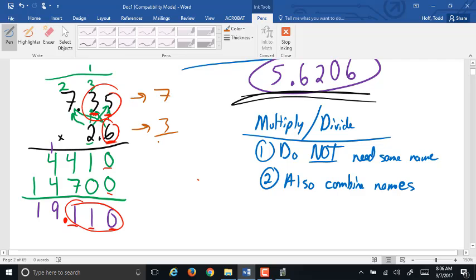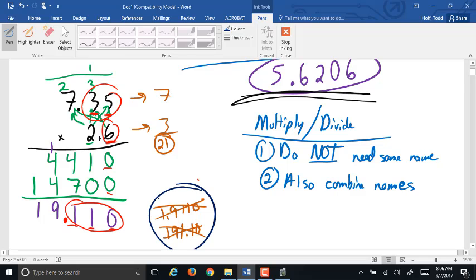What's 7 times 3? 21. I'm expecting an answer close to 21. Would 1.9110 make any sense? No. Would 191.10 make any sense? No, it won't. So we know that the only place that decimal point can go that makes any sense is 19.11.